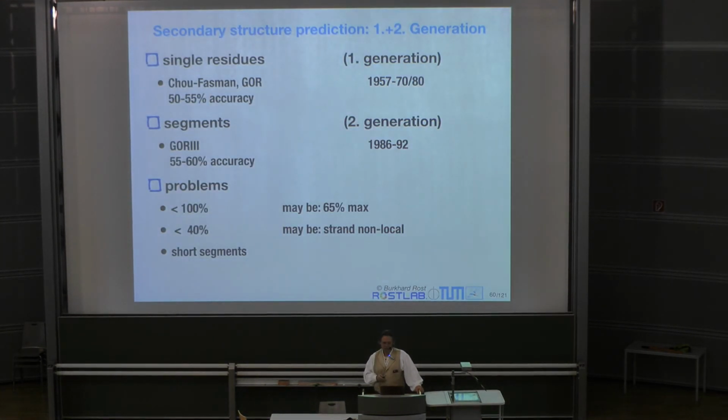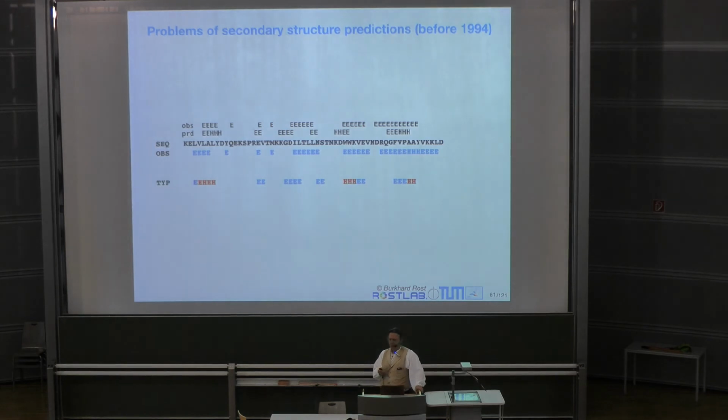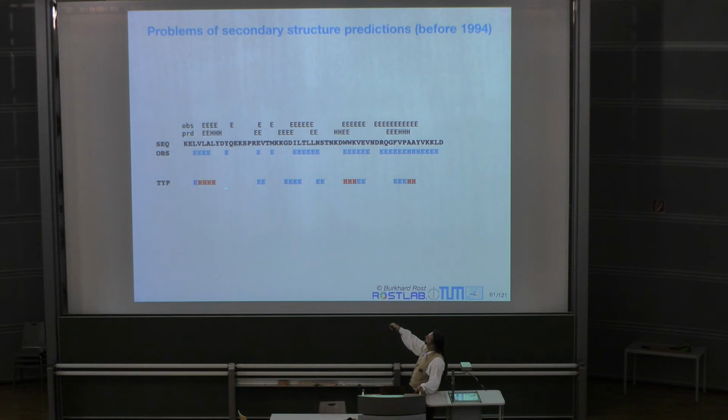The next problem of prediction methods was that segments tended to be predicted way too short. And that is exactly the example that I showed you before. A typical prediction method of the first 2 generations would have this as a predicted string, that being the observed string. And you see, we had that before. In this particular case, you don't quite know, do you somehow see that there is a secondary structure segment and you get it right?